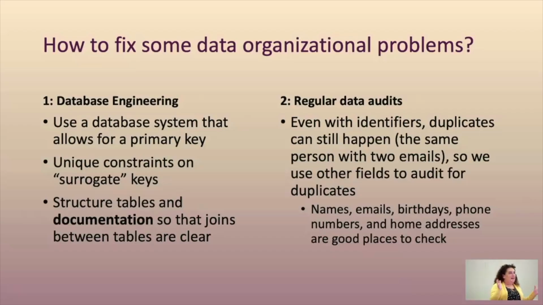Because this is an AI conference, I have actually found that using AI to come up with what the audits should be is a really cool use of AI. So something to think about.